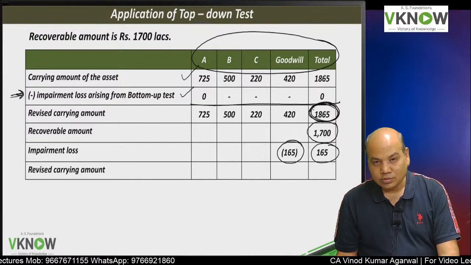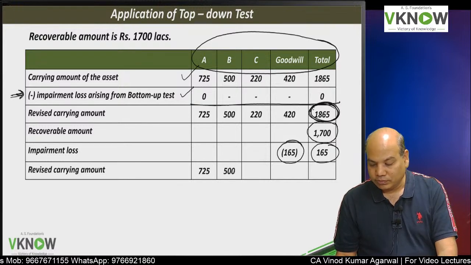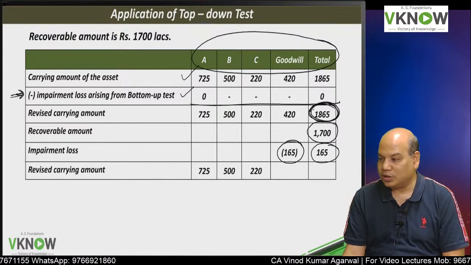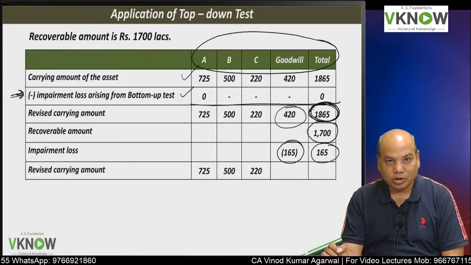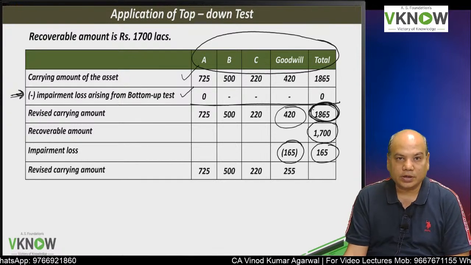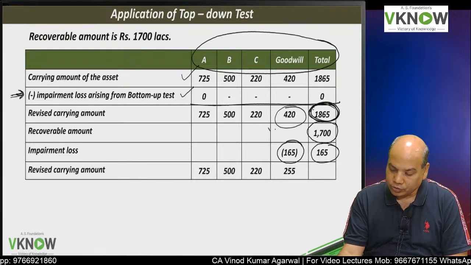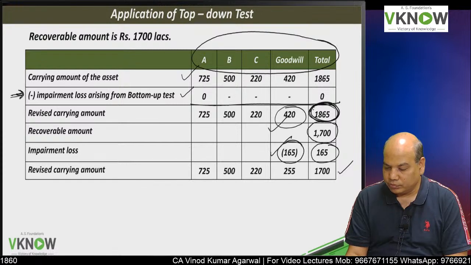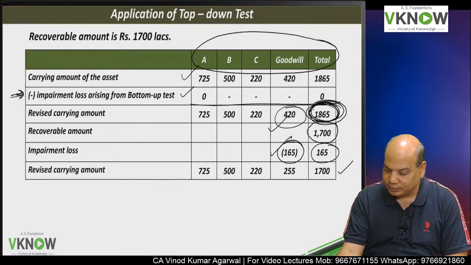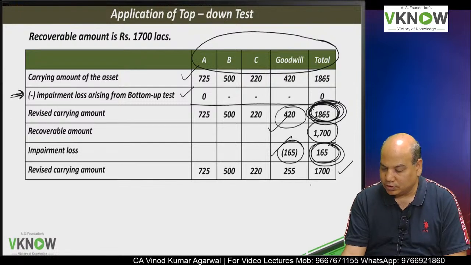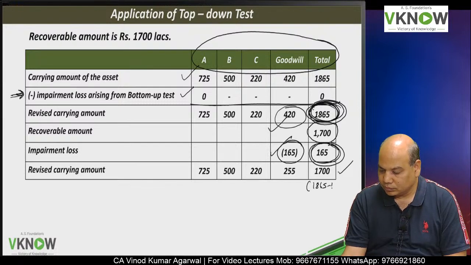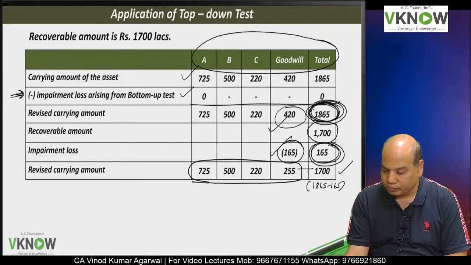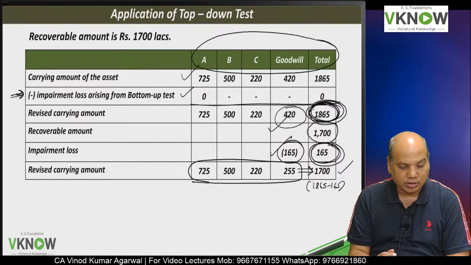And therefore now the revised carrying amount will be unit A 725, B 500, C 220, but goodwill will reduce to 255. Check: 420 minus 165, and the total will be 1865 minus 165. Or you can take the total of these 4 numbers, that will be equal to 1700.